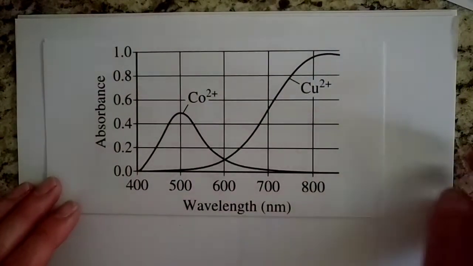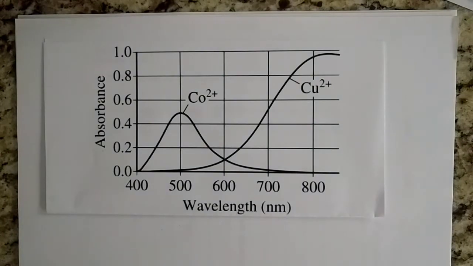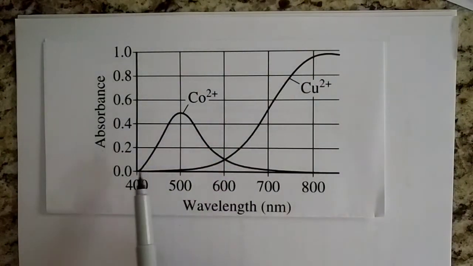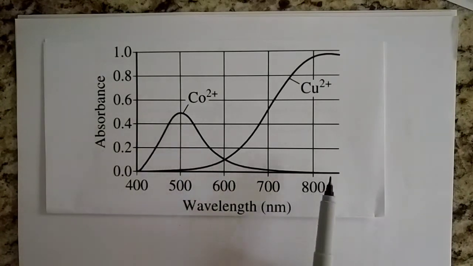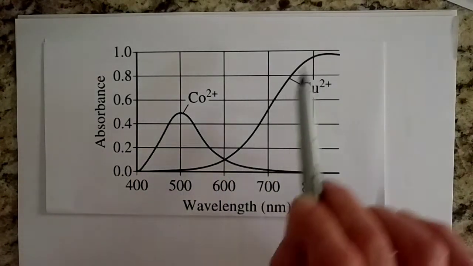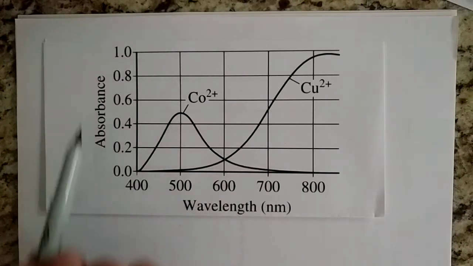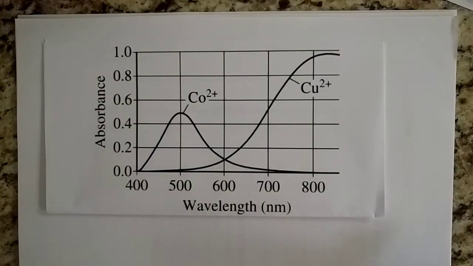So what they don't tell you about this graph is that these were not done at the same time. They figured out the graph for the cobalt and then the graph for the copper. Now here our x-axis is different. It is the wavelength that is being changed, and we're still measuring the absorbance using the same instrument.